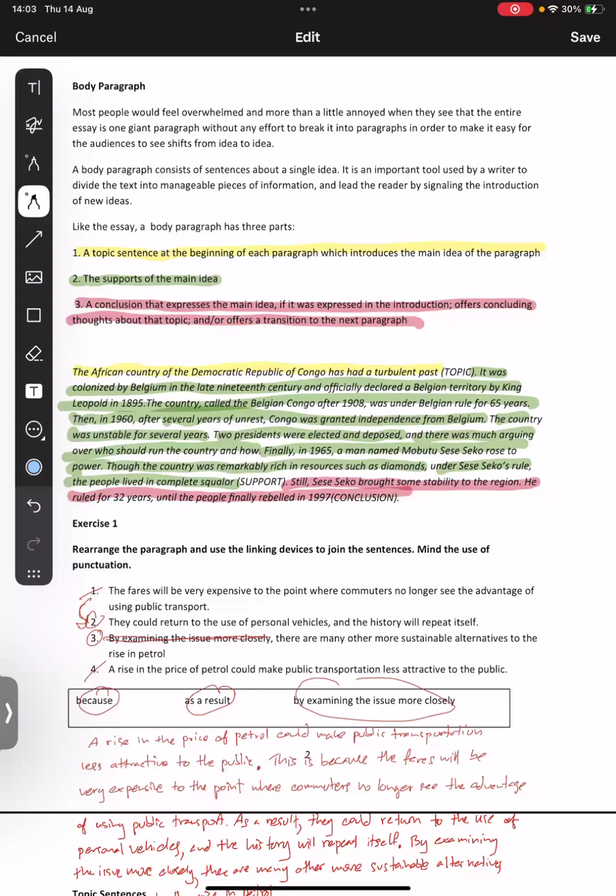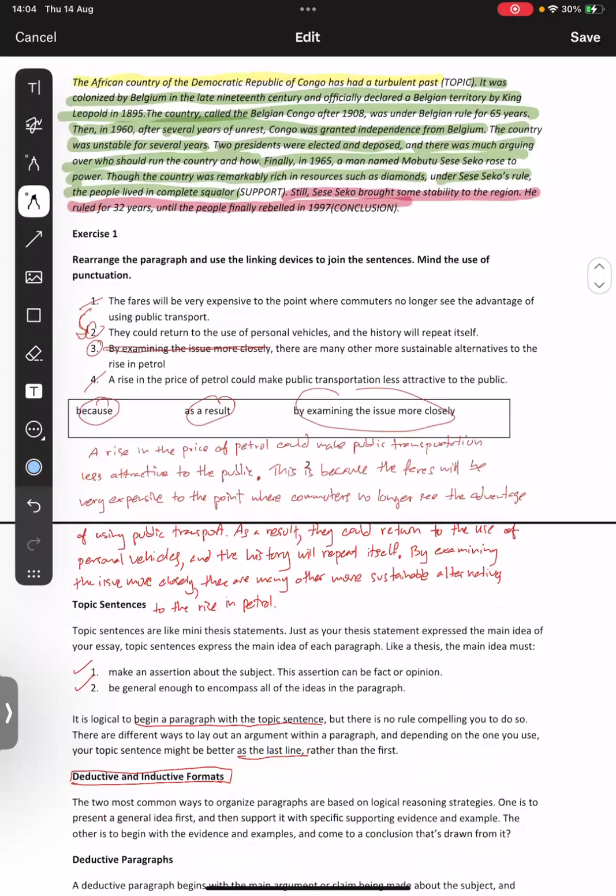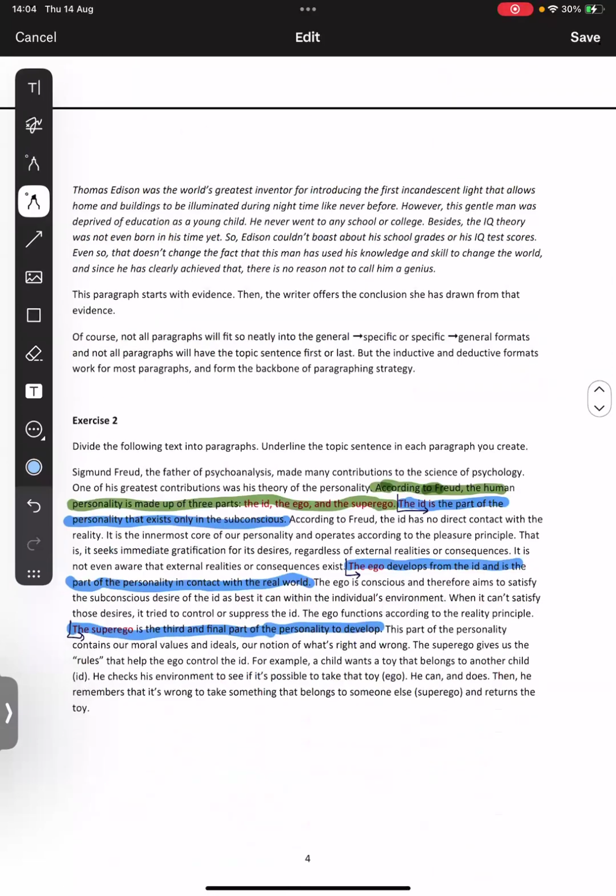If your supporting data is quite long, you have a lot of points that you need to clarify and explain, then a concluding sentence might be necessary. But if your body paragraph doesn't contain that many points and not that much explanation, then maybe a concluding sentence is not necessary.